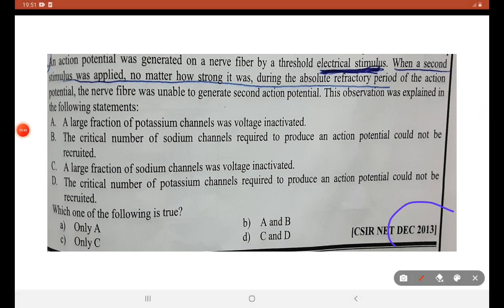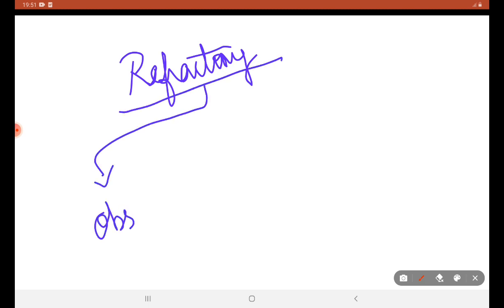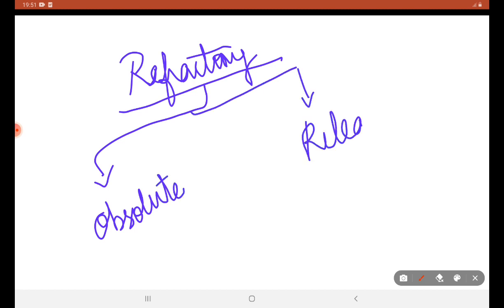Next, a question from December 2013. Again, we are going to see about the refractory period. This time we will see in detail about the refractory period. Refractory periods are of two types: absolute refractory period and relative refractory period.